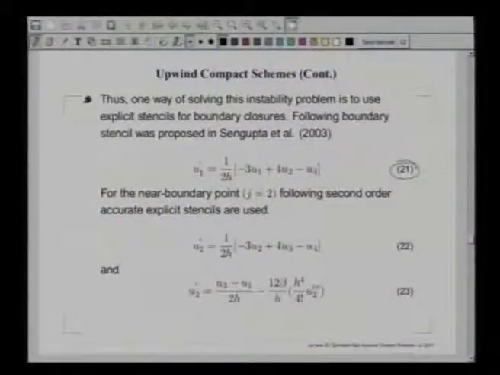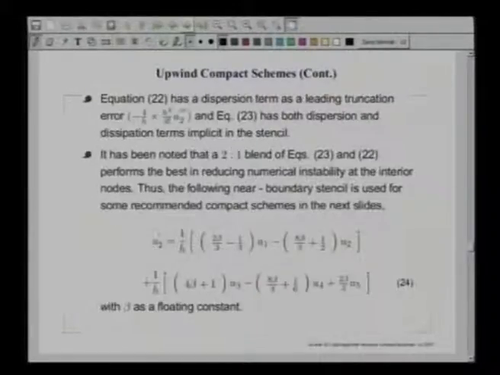Equation 21 is proposed for the first point, and for the second point j equal to 2, we have taken two stencils given by 22 and 23, and from these two stencils we have constructed this stencil. This stencil ensures that globally we will have a stable system, and that should solve our problem.